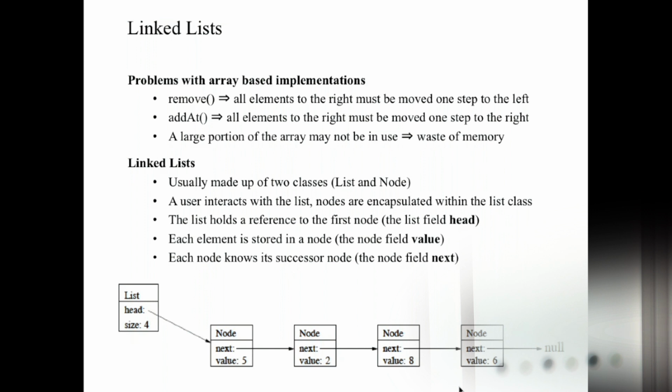You need a head, and we will have an attribute for size. Initially, if it's an empty list, size will be 0 and head will be pointing to null, because there is no element, there is no node in that list.